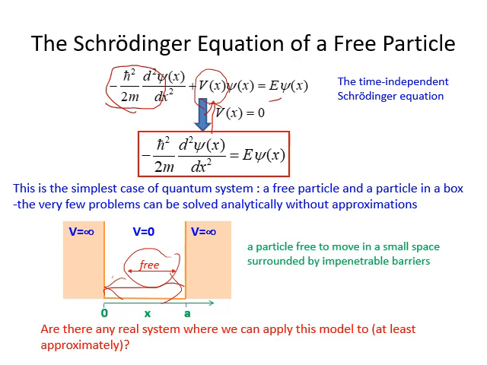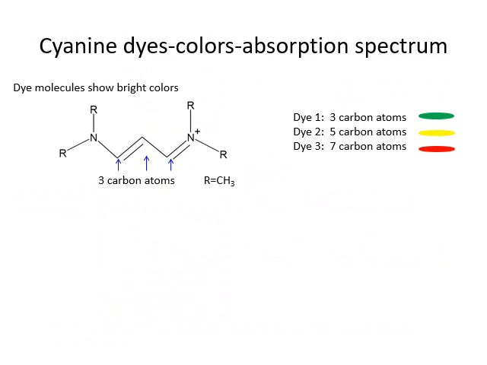Let's look at a system in chemistry that can be considered a free particle. One of the systems where we can apply the particle in a box model is the conjugated dyes. Conjugated dyes are molecules that contain alternating double bonds and single bonds.